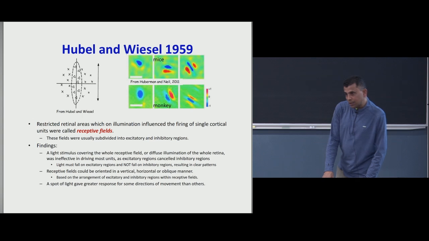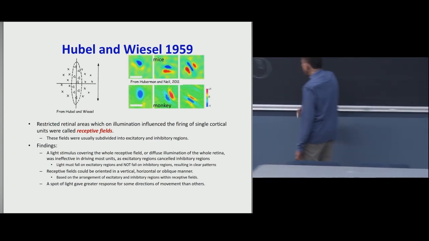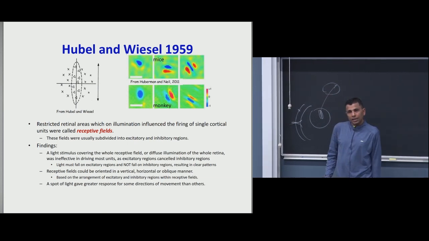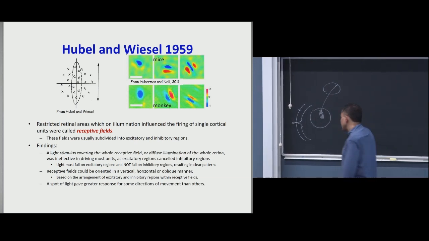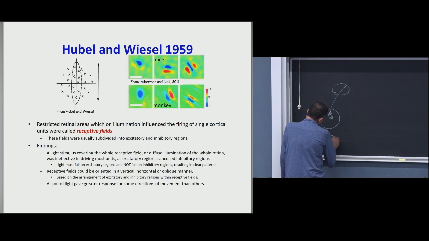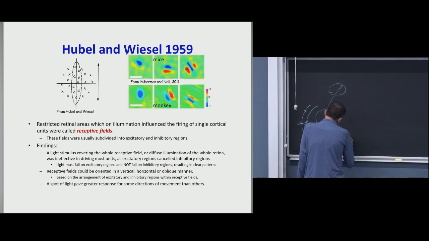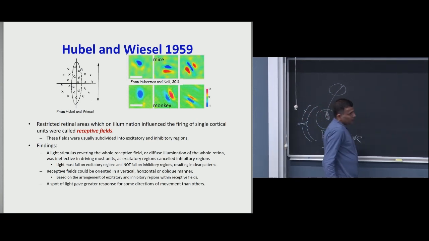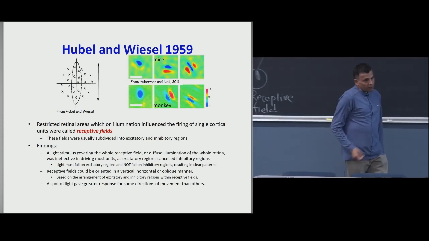The region of the image that this responded to was called the receptive field. This is a terminology we will use even in our new ANNs. This is called the receptive field of the cell.